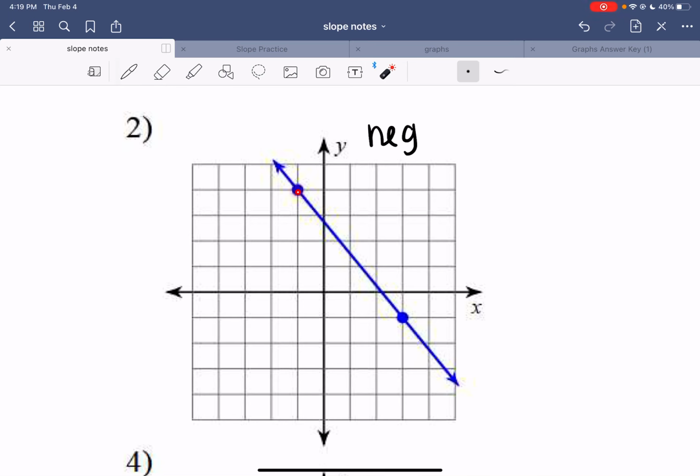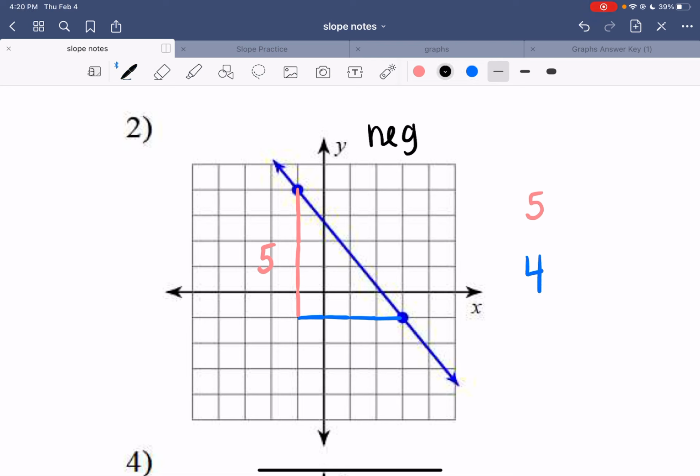So we're going to start with our left point here. And in this case, we are going to fall. So let's go 1, 2, 3, 4, 5. So that's going to be our rise, 5. And then our run is going to be 1, 2, 3, 4.